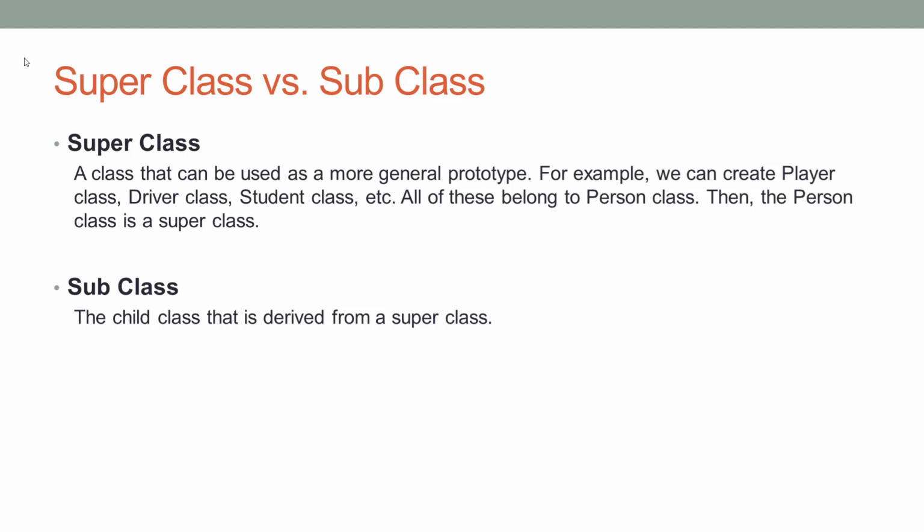And then in the person class, no matter we talk about a player, a driver, or a student, a person should have a first name and a last name. Then we want to use a person class as a superclass. Remember, the superclass is a class that can represent some other classes. A superclass can be used as a more general prototype.